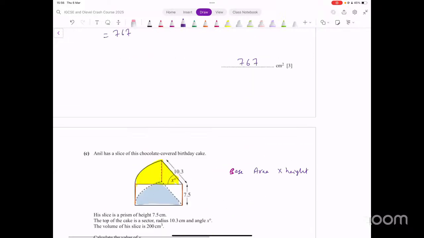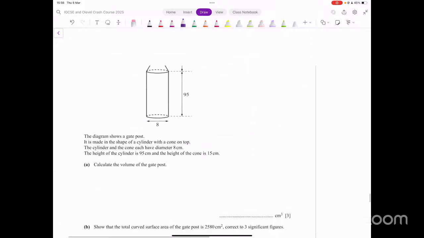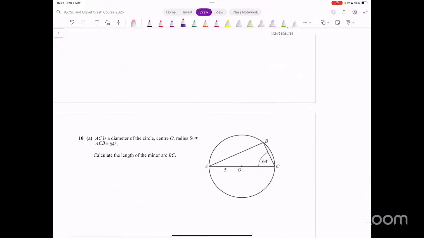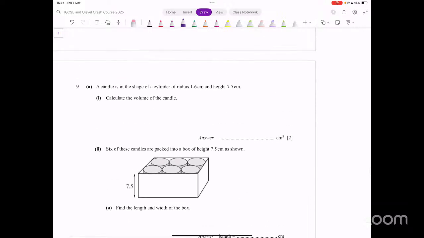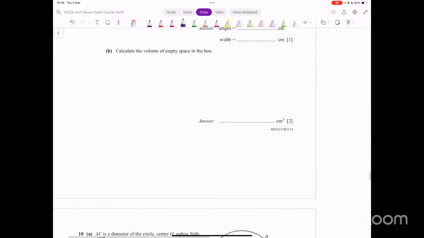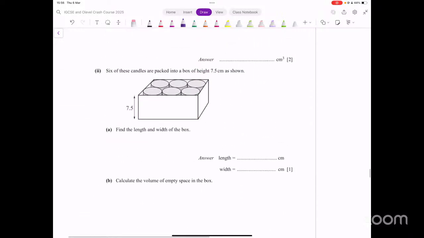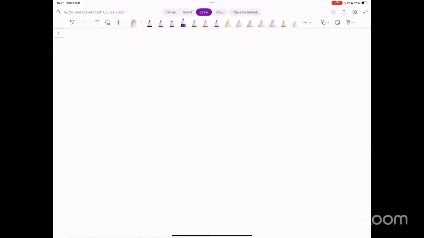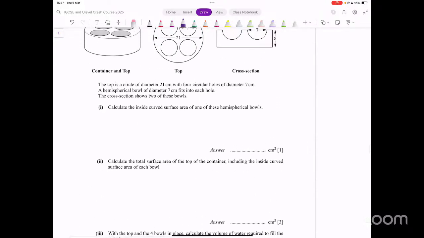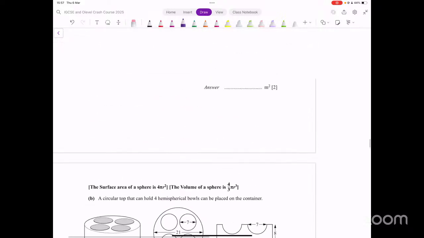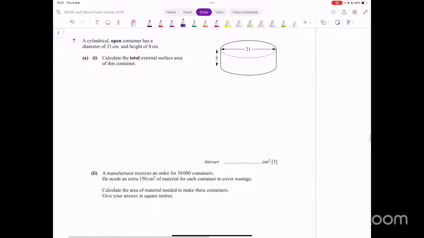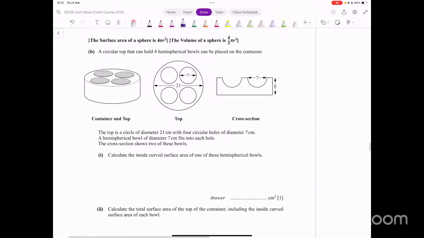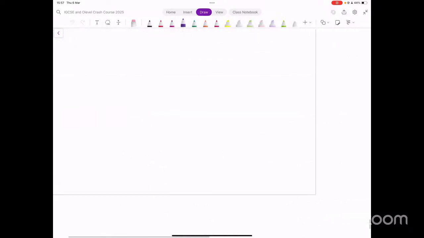Let's move on. Okay, now let's have a look at another one. This looks straightforward. Should we do this? Volume of the empty space, that will just be cuboid minus the cylinders. Okay, this looks like a good one. Let's do one on spheres, and then we come back to that.